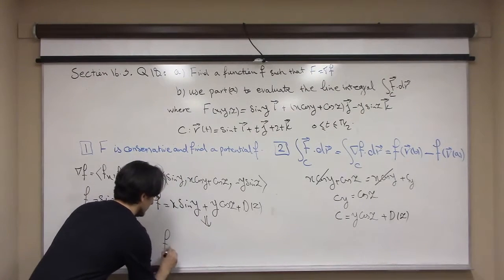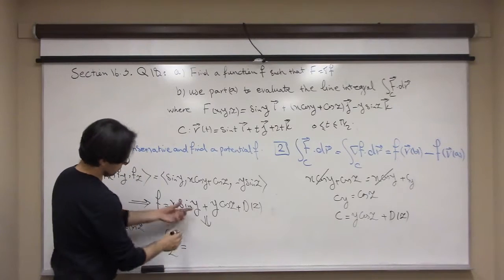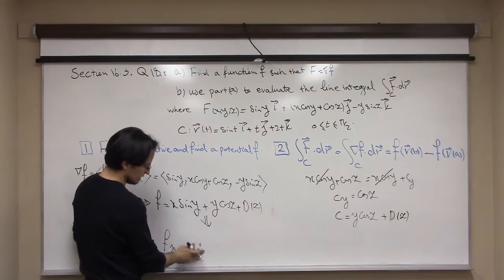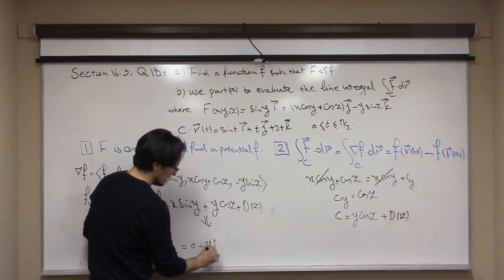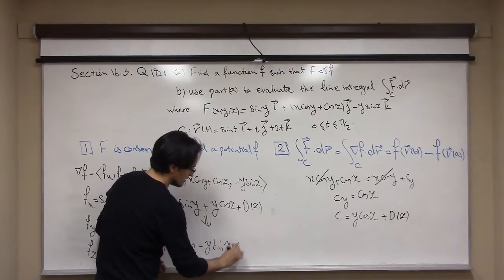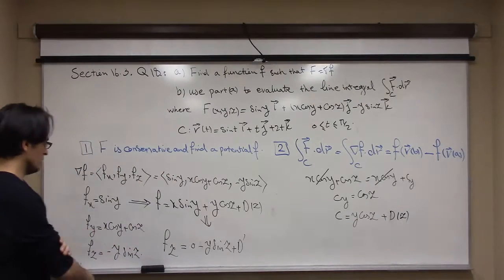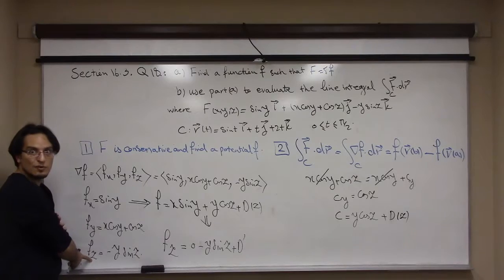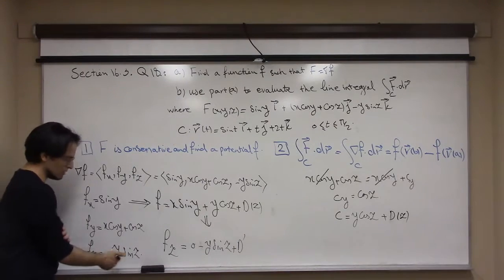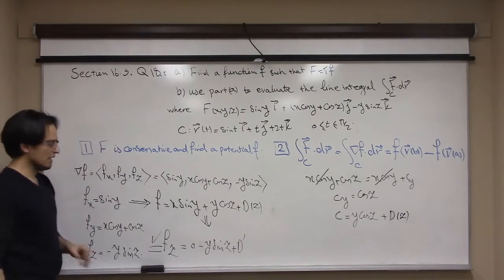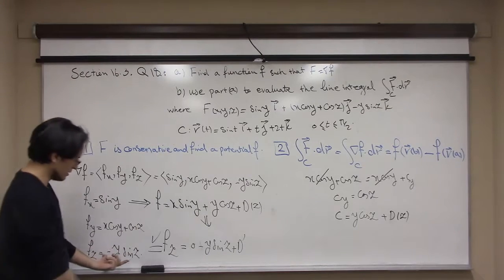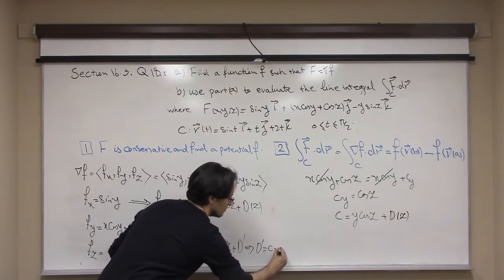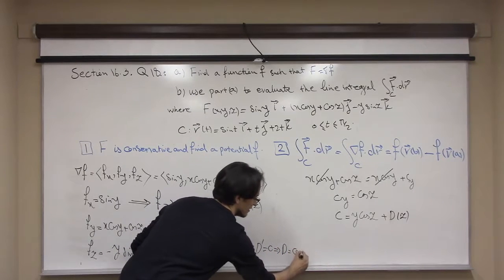There is no z in the first term, so 0, plus the partial derivative with respect to z, which is going to be minus y sine z plus d prime. But the good thing is that I have the partial derivative of f with respect to z given by this equation. That means these two are equal. If you set them equal, this part equals that part, which means d prime is 0, that means d is actually constant.